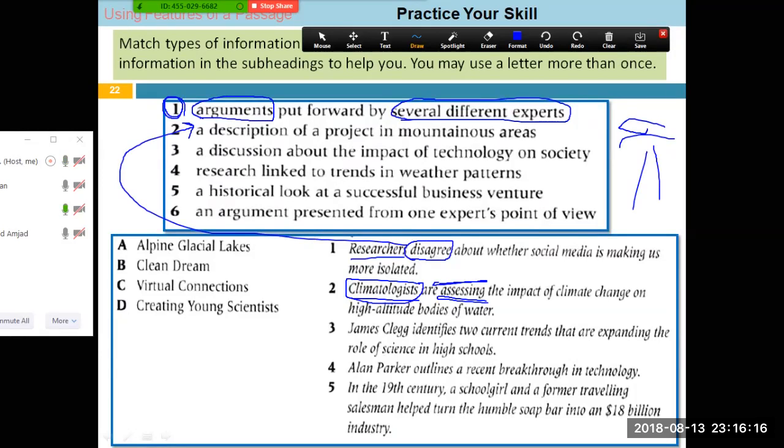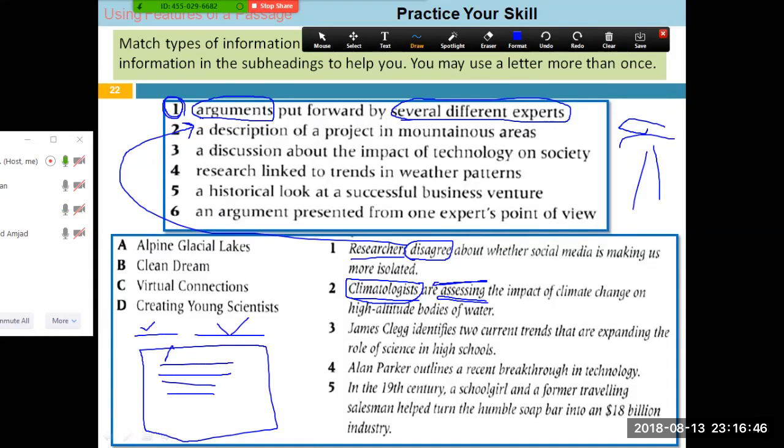So one relates to one actually. Researchers disagree means, obviously, when these researchers have a disagreement among each other. One researcher is saying something, another is saying something else. Whenever any author tries to explain the viewpoint of these researchers, he will explain their arguments.